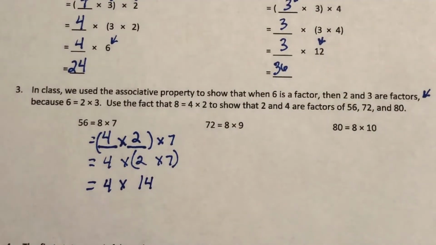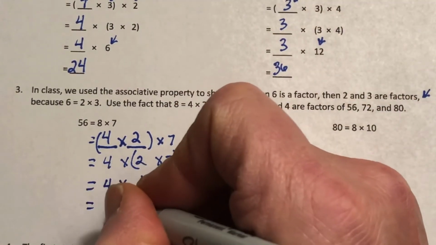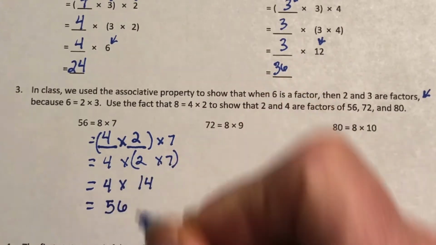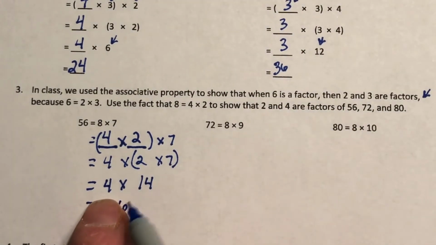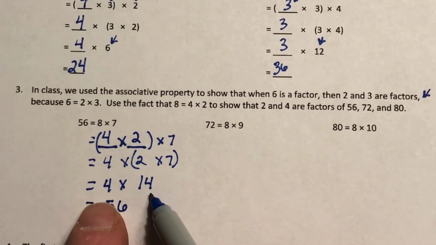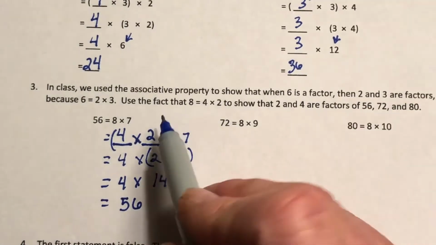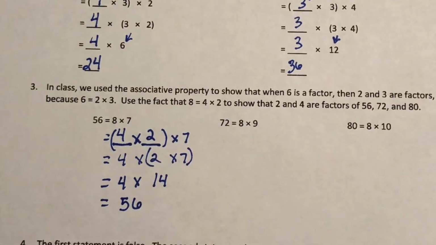Okay? And I end up with 56. 4 times 14 is 56. Because watch this. 4 times 10 is 40. 4 times 4 is 16. 40 plus 16, that's right, 56. So we found that we use this fact right here, okay?